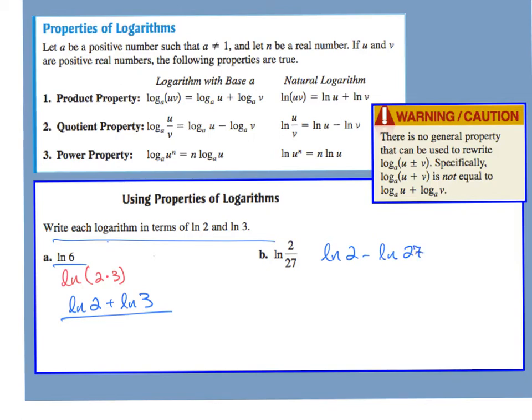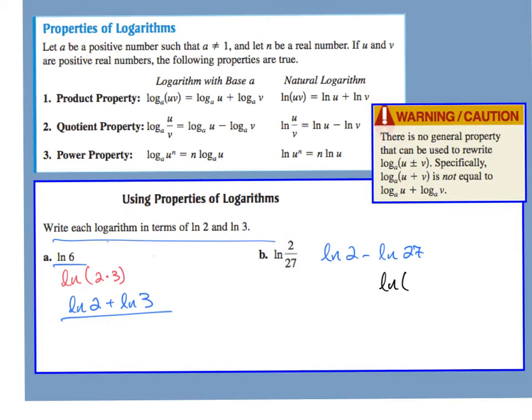Now, I need to get to a natural log of 3. So what could I change this 27 to? Okay, I don't want plus. Okay, I could do 9 times 3. That would be kind of a start.